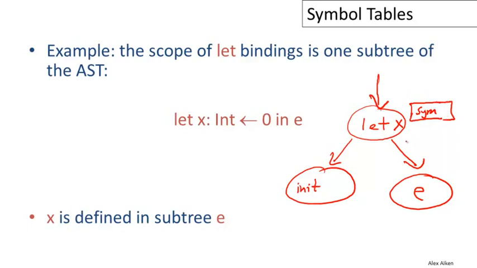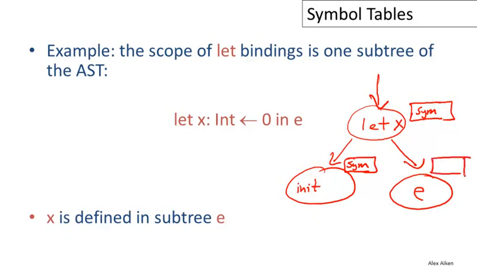And what is going to happen here? Well, the first thing we're going to have to do is process the initializer. Whatever function we're doing, like type checking or whatever, we might go down and process that first, and we'll pass the symbol table in. Then we're going to process the body of the let.